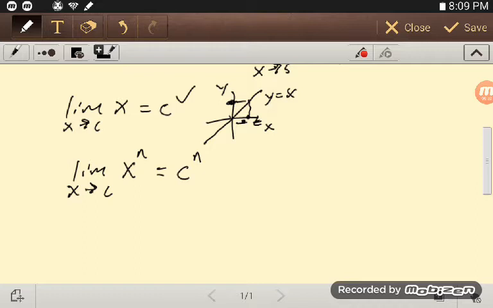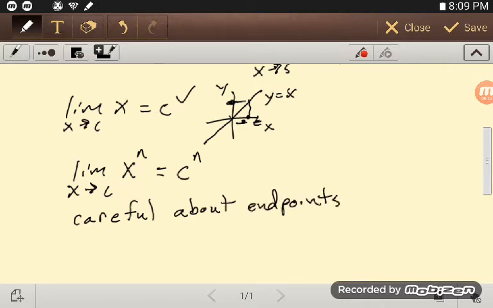You got to be a little careful, so be careful about endpoints. Because if I said something like, well, what's the limit as x goes to 0 of the square root of x? Well, that does not exist.